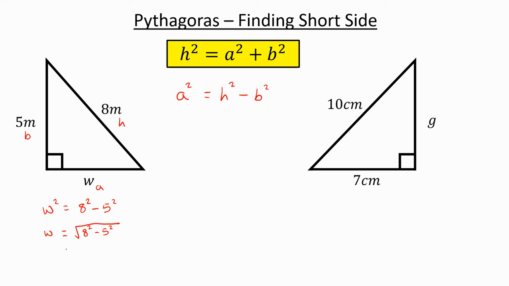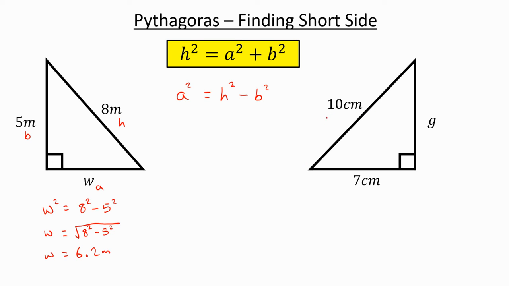And so w is going to be the square root of 8 squared take away 5 squared, which will be 6.2 meters.